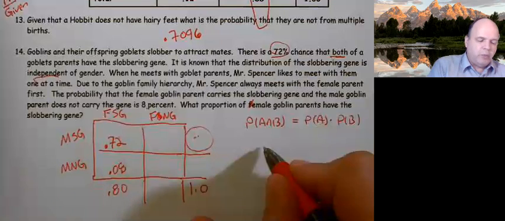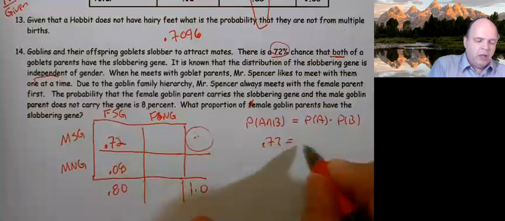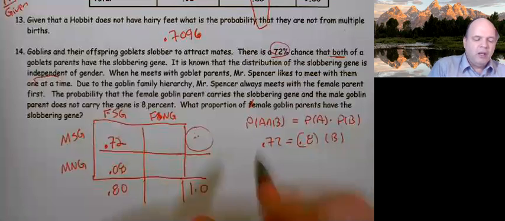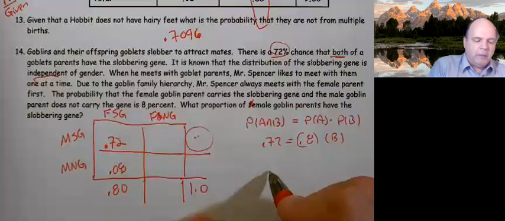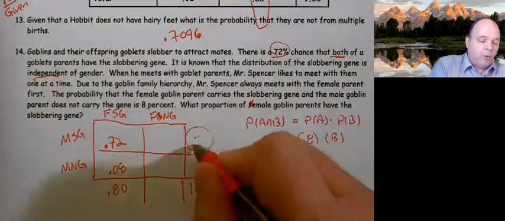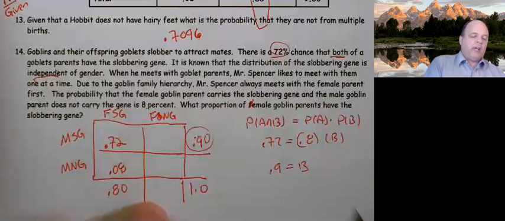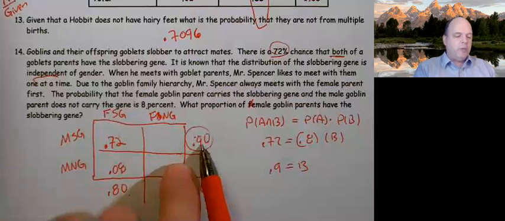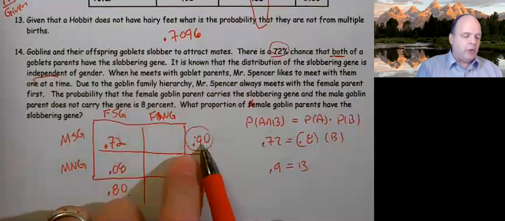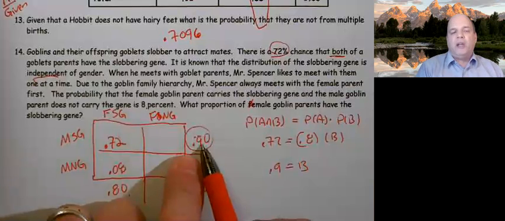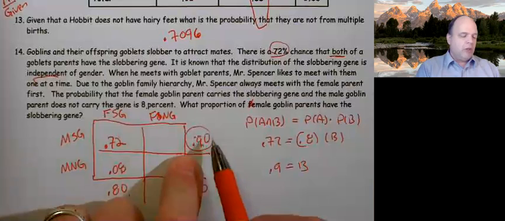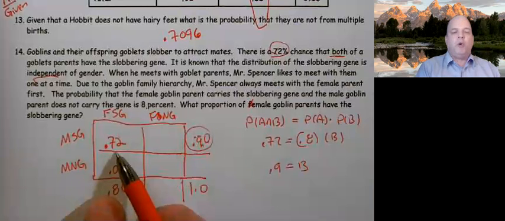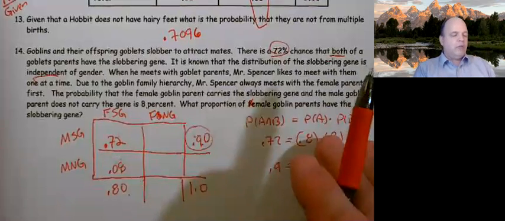So my intersection was 0.72 equals 0.8 times B. So when I divide that out, I end up getting 0.9 equals B. So what I had meant to ask, not what I asked, so this was not the answer, this was the answer on the test. What I meant to say is what's the probability that the male carried the slobbering gene? And there's a 90% chance that the male carried the slobbering gene because 0.9 times 0.8 gives me the 0.72. All right, so that's number 14.